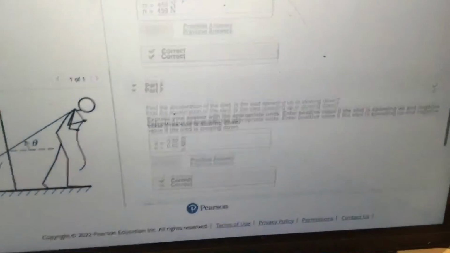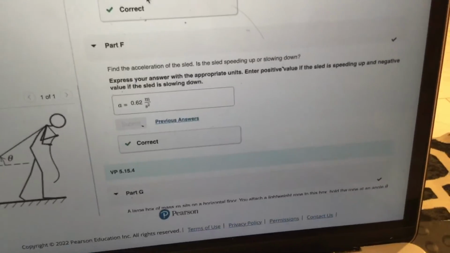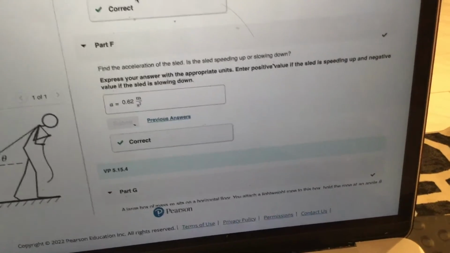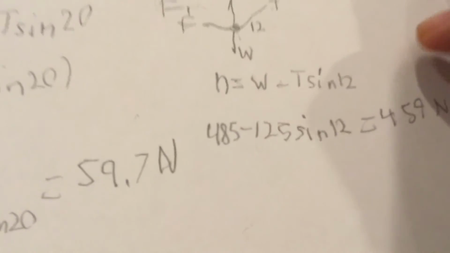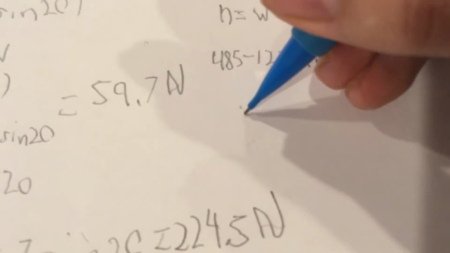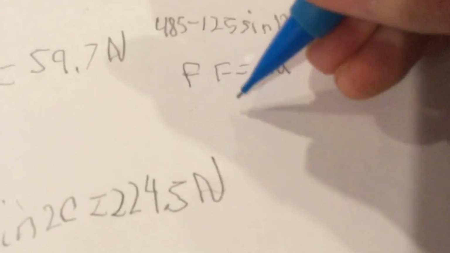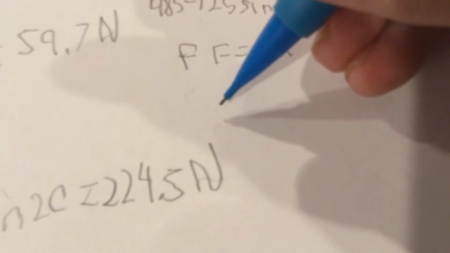Okay, now we'll go to part F. Find the acceleration of the sled. Is the sled speeding up or slowing down? Okay, so we can find the acceleration with F equals ma, and we need to find the mass first.